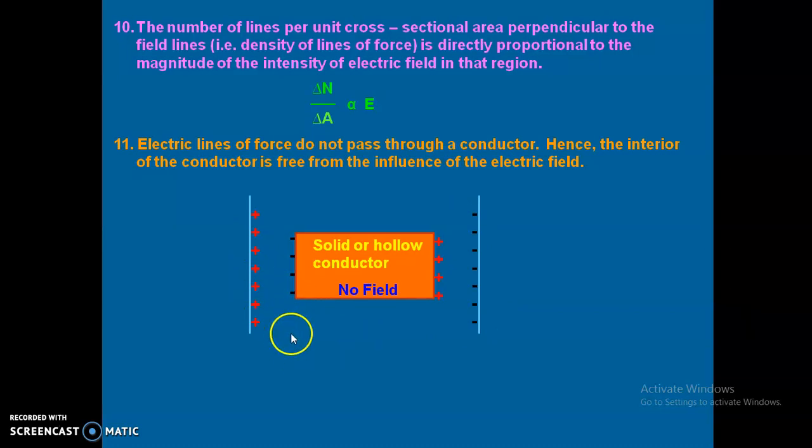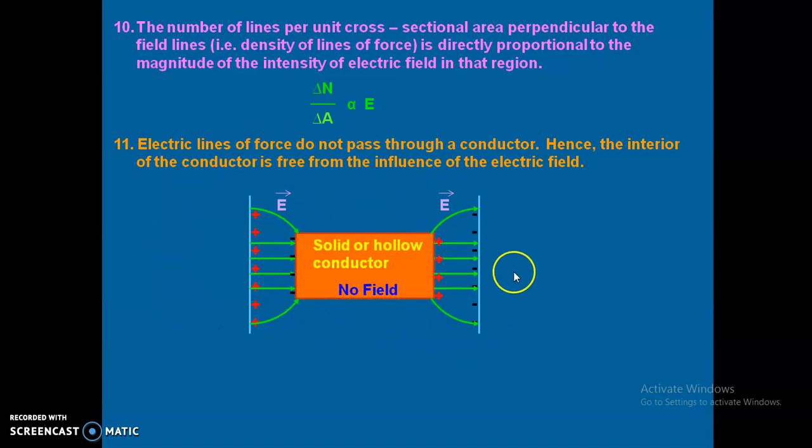But the pattern of electric field lines will be different, like this, because electric field lines will not enter inside the conductor, so they will start from positive charge and end on the negative charge like this. Also here, the electric field lines will start from positive charge and end on the negative charge like this. And there will be no electric field lines inside the conductor.